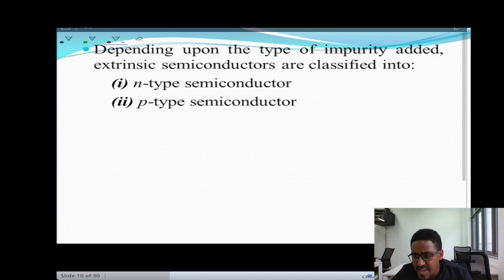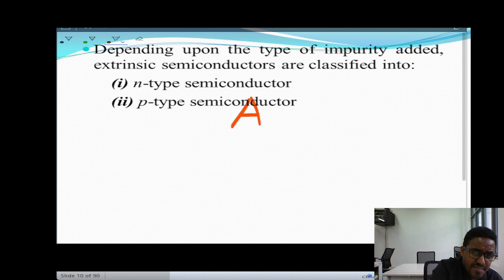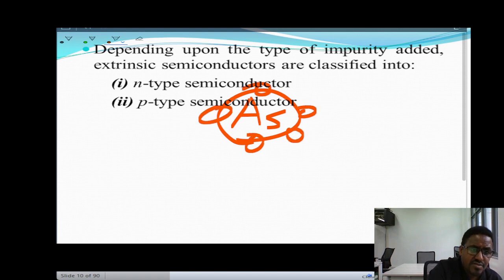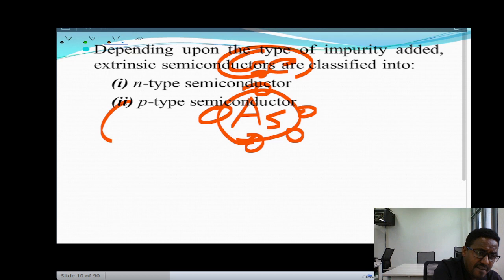Arsenic has 5 valence electrons and germanium is a type of pure semiconductor with 4 valence electrons. What happens? Arsenic has 5 valence electrons. Germanium has 4 valence electrons.